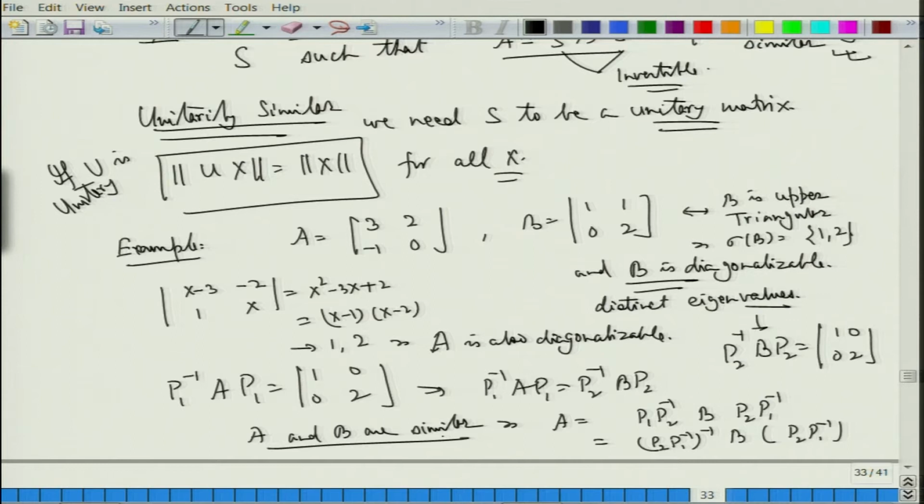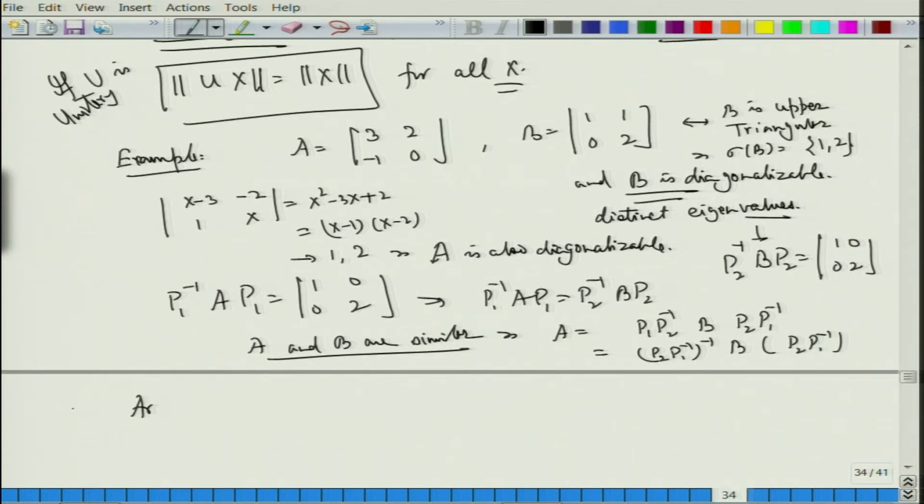Can we say that they are unitarily similar or not? So, our question: are A and B unitarily similar, all right. I would like you to see that they are not unitarily similar because their sizes are different.